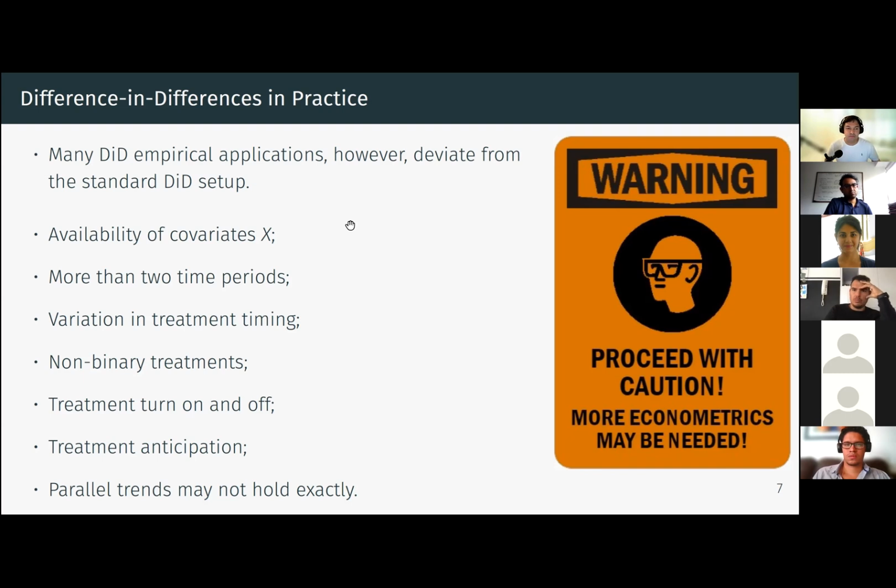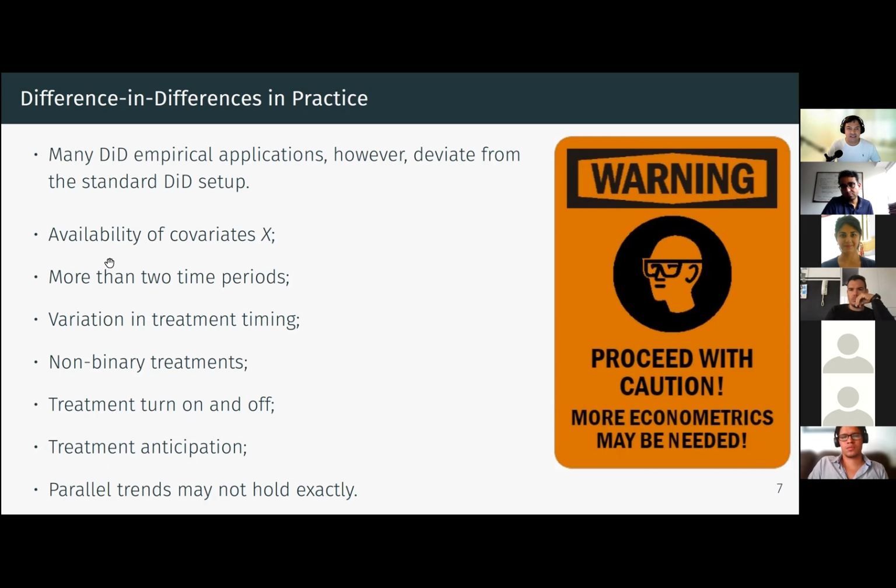For example, people in the northeast of the US tend to be very different from people in the south of the US, so the outcomes may evolve differently according to region. Or people in Europe are different from people in Latin America. I want to allow for region-specific trends. So whenever I want to do something like that, covariates are going to play an important role.